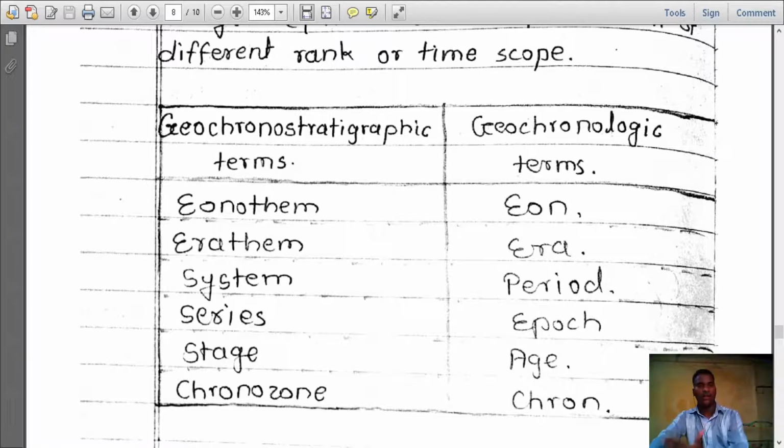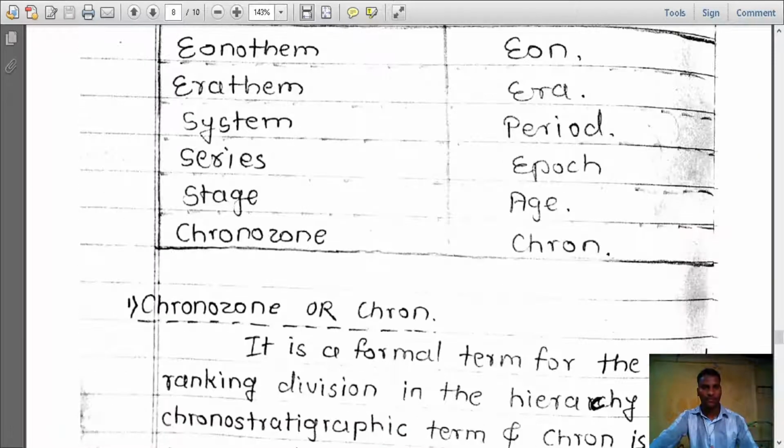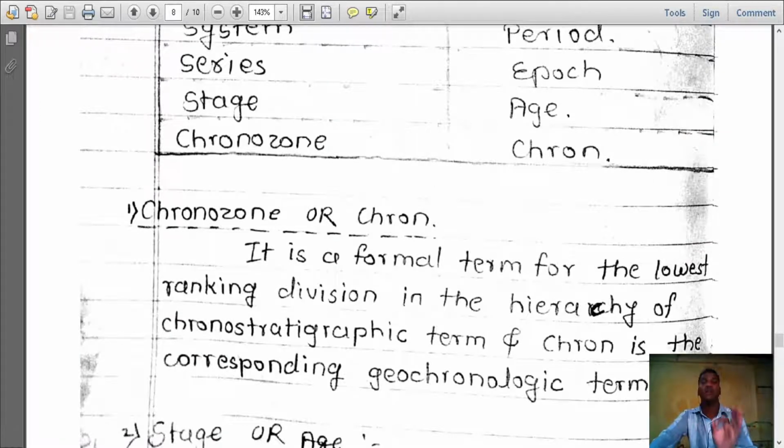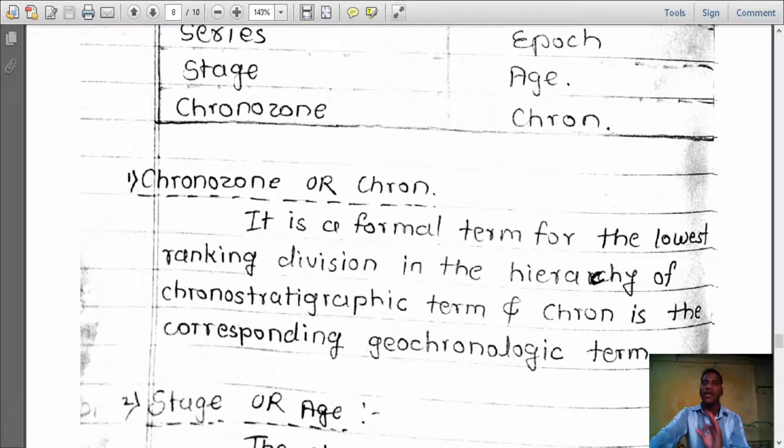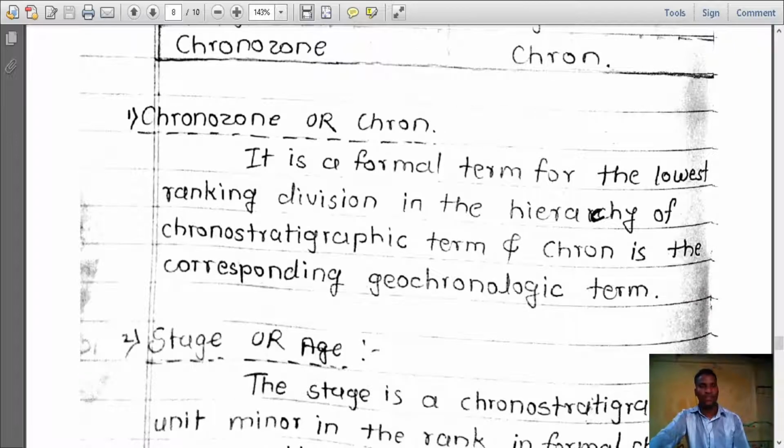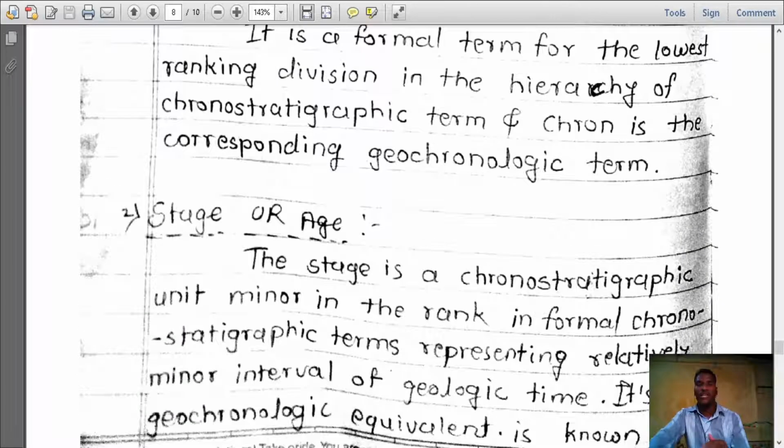Erathem, geochronologic term is era. System, period. Series, epoch. Stage, age. Chronozone, chron. Chronozone or chron is a formal term for the lowest ranking division in the hierarchy of chronostratigraphic terms, and chron is the corresponding geochronologic term. Stage or age.